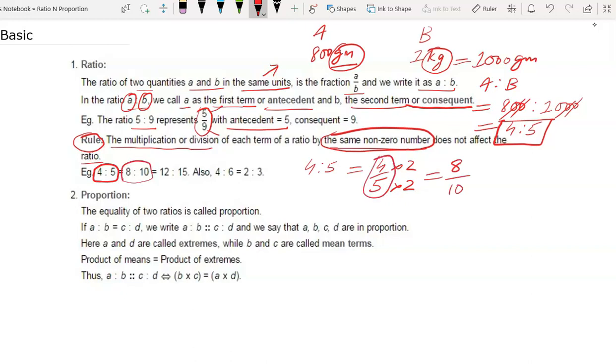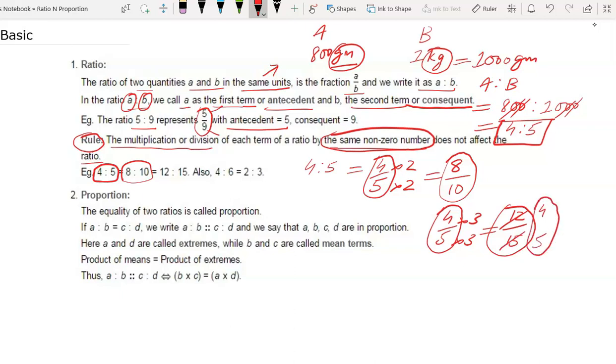So this ratio and this ratio will be same, it will not affect the ratio. Or let's say we have 4 by 5 into 3 by 3. So we have 4 3s are 12, 5 3s are 15. So this ratio and this ratio is same, because if we divide this by 3, 3 4s are 12, 3 5s are 15. So we again get the same ratio.